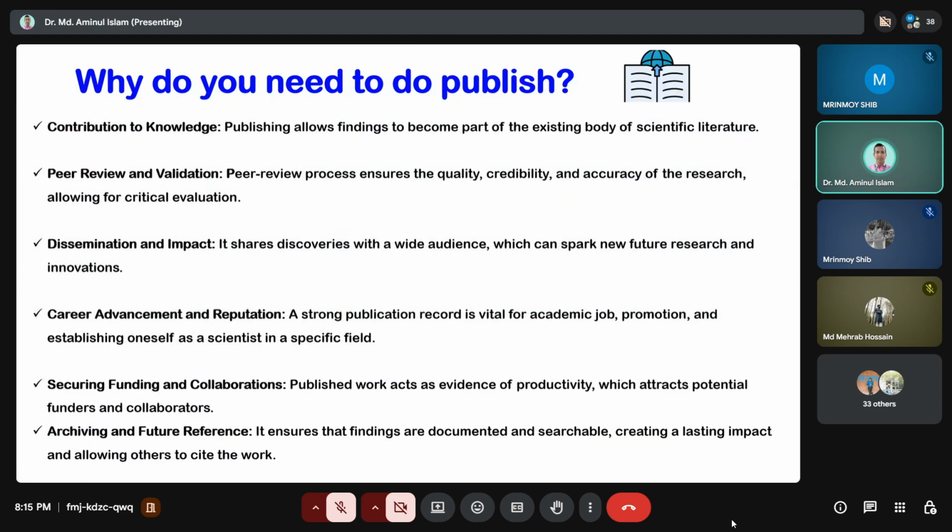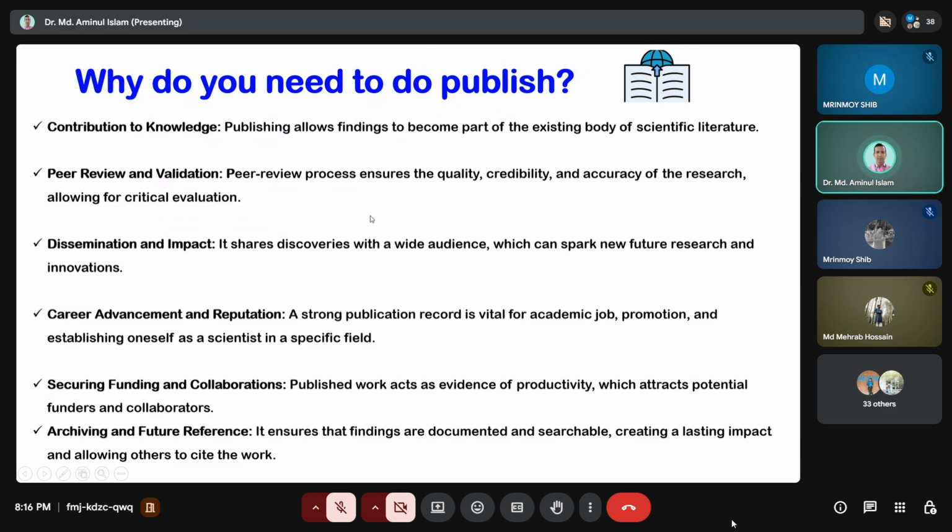Then, why do you need to publish? Well, there is a wise saying: publish or perish. If you do not publish, then your work will not be recognized by the world scientific community. So publication is essential for many reasons. For example, contribution to knowledge. If you publish, you can contribute to the existing knowledge.